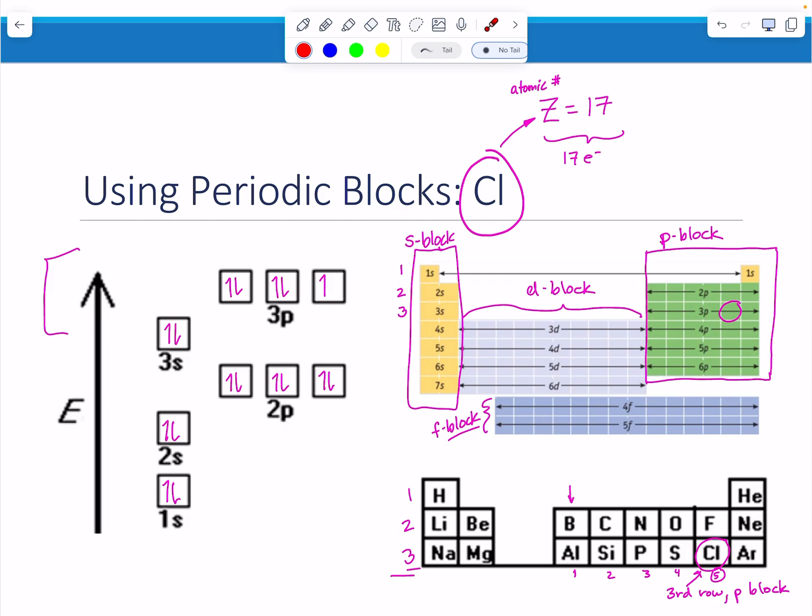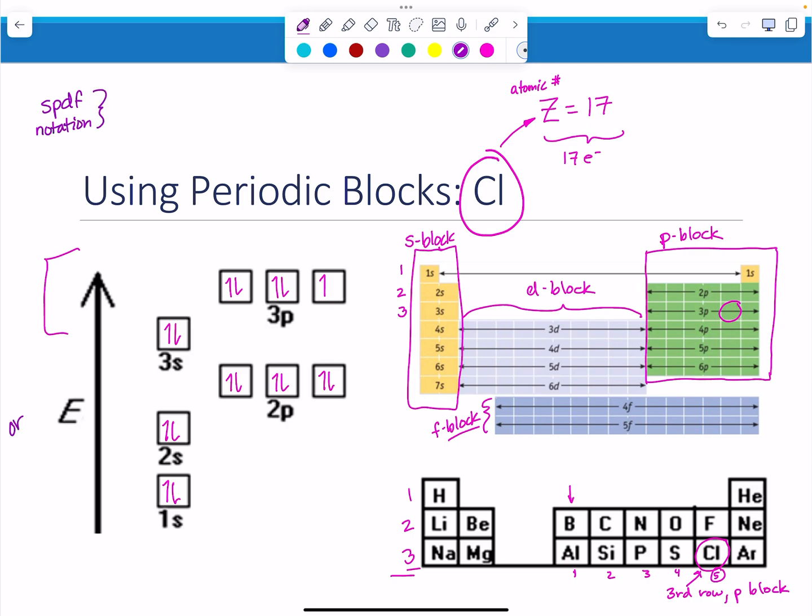If we were going to take this and turn it into SPDF notation, I'll put that in purple.